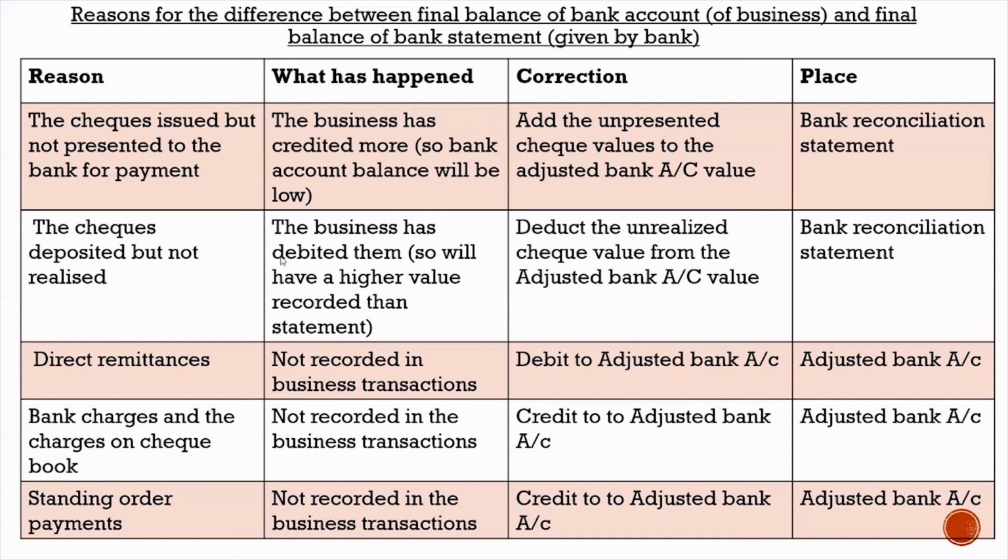So when we get a check, as soon as we get it, we debit the bank account. But imagine we get the money next year or maybe after a few months. So what happens is our bank account will have a lower balance. So the business bank account will have a higher balance. So we have to deduct this by unrealized check values in the bank reconciliation statement, right?